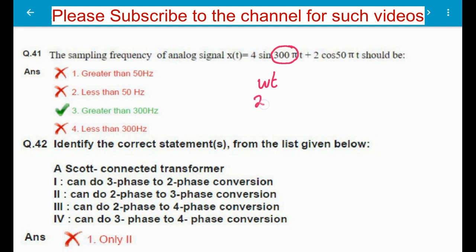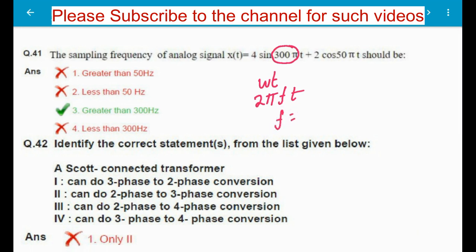Omega t means 2πft, so 2πf = 300π. So here f is equal to 150, which is the maximum frequency.